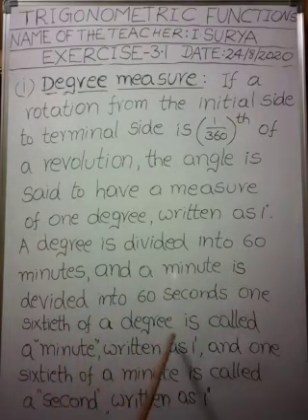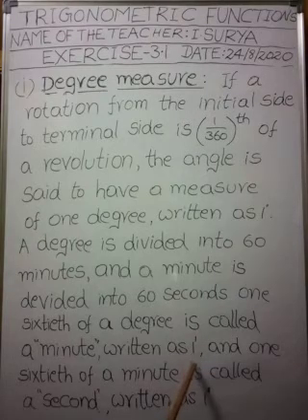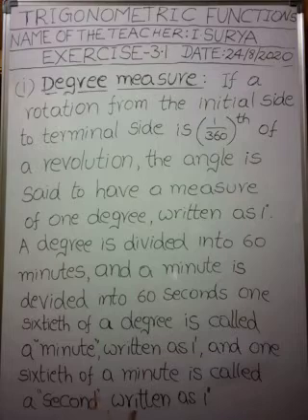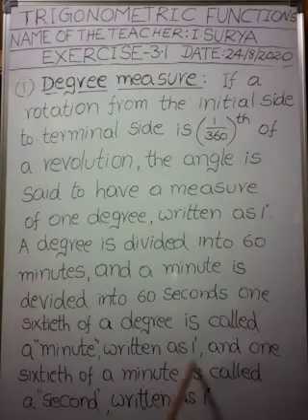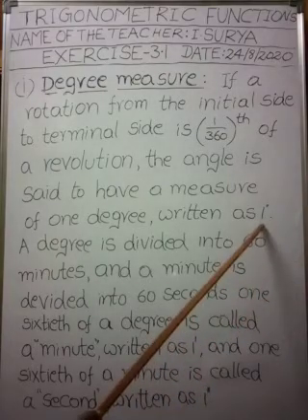1/60th of a degree is called a minute, written as 1′. Remember this notation. And 1/60th of a minute is called a second, written as 1″. This denotes 1 minute, and this denotes 1 degree.